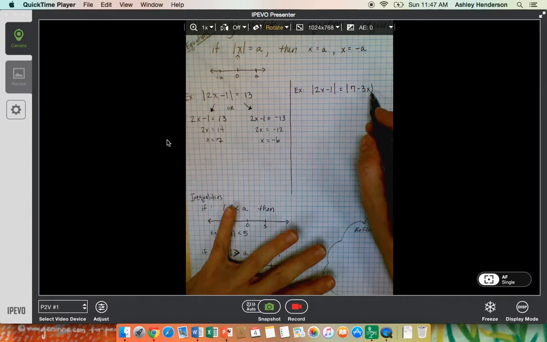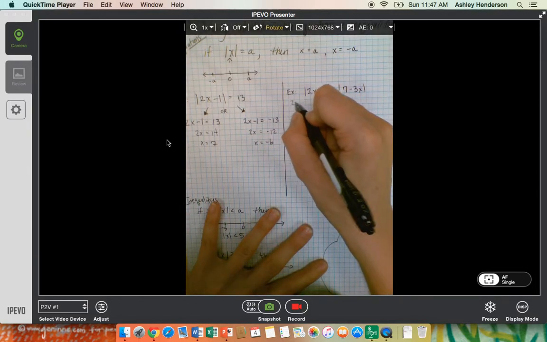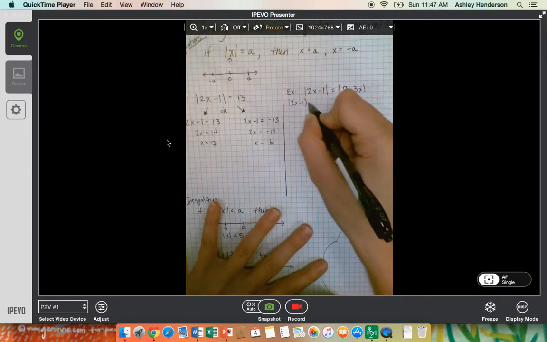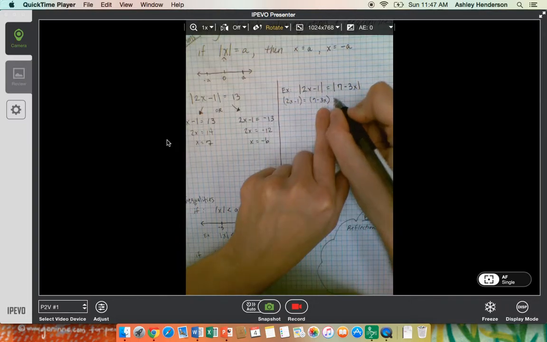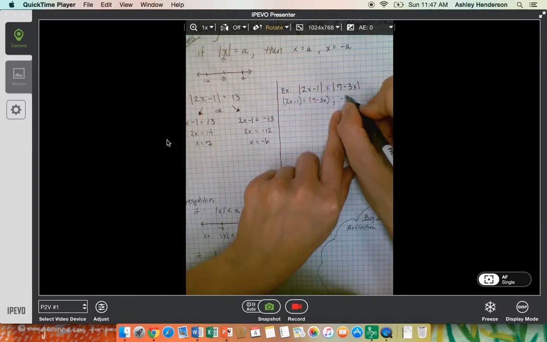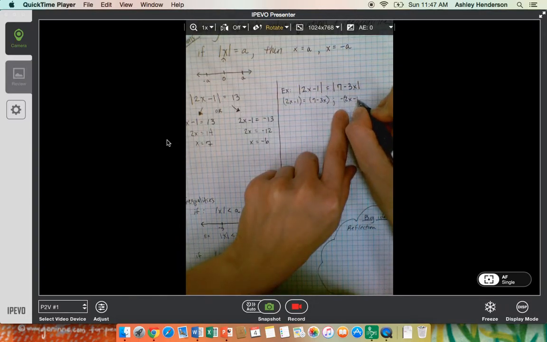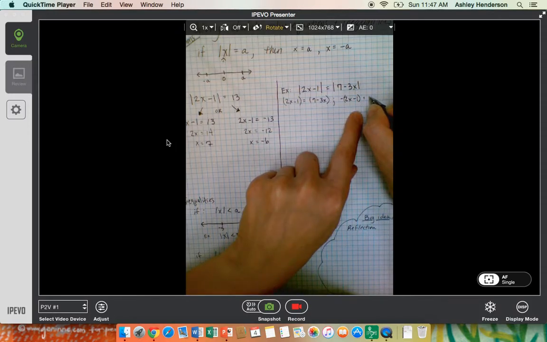Yuck. 4 different things could happen. It could be exactly what it looks like, just with the positives. It could be the absolute opposite of what it looks like.